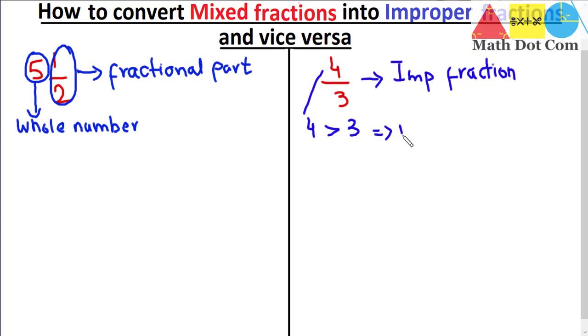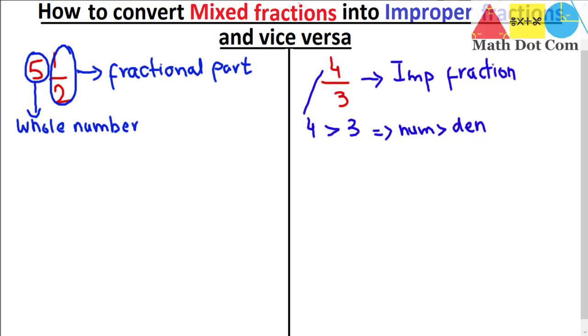When you have a numerator that is greater than the denominator, it is called an improper fraction. When you have an improper fraction, you convert it into a form in which the numerator is less than the denominator. So this is how both of these are defined.